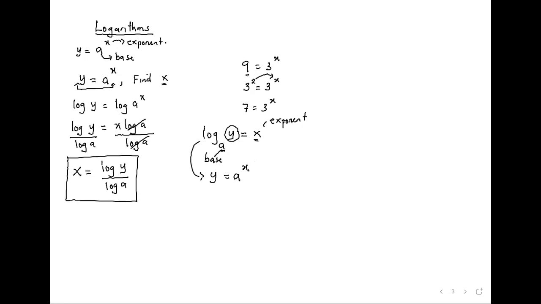When y is equal to a to the power x, we don't want to have a fraction here. So we'll say log to the base a of y is equal to log to the base a of a^x, and then let it drop the power. So we'll have log a y is equal to x log a, and keep the a there.